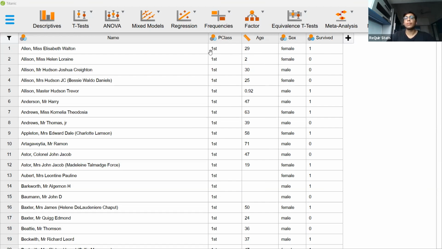All of these can be tested using multiple logistic regression. But for this example, we are only going to test whether passenger class was linked to survival, so whether first, second, or third class had a better probability of surviving.